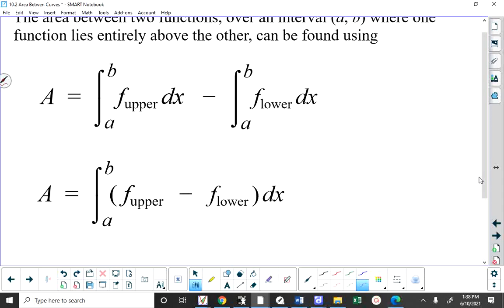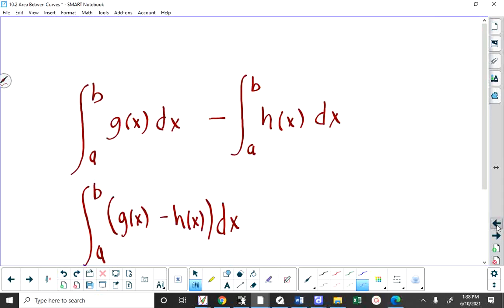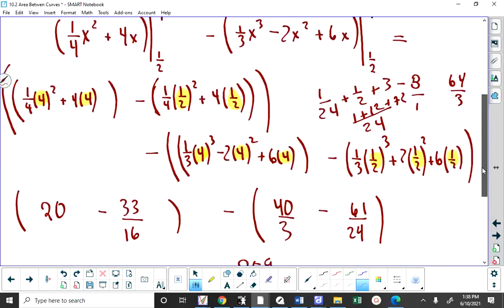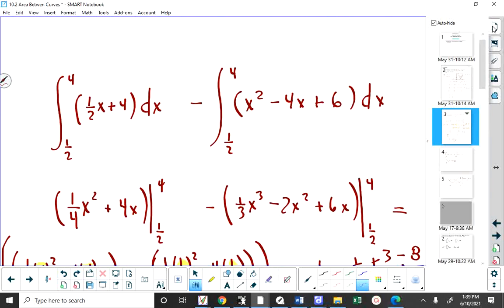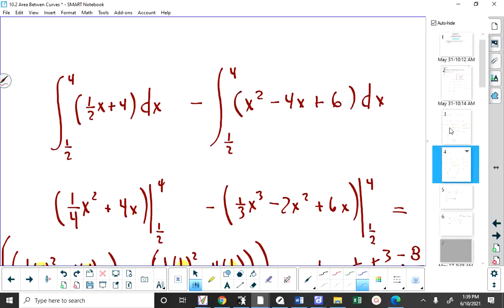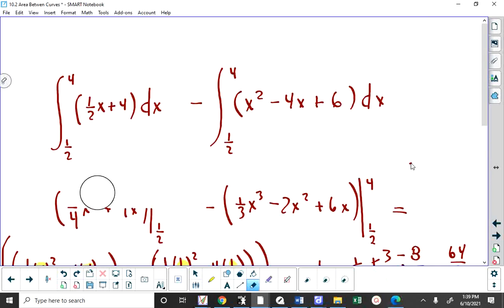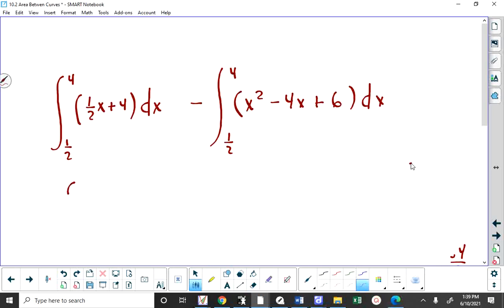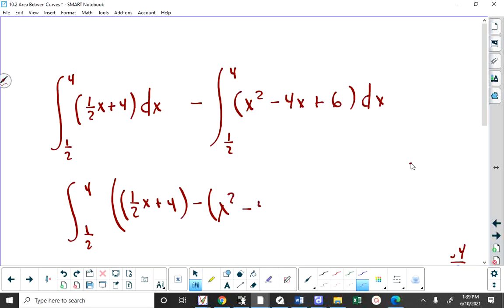Rather than everything that we did here, which is a boatload of work and a real pain, we can do one integral from 1/2 to 4 of 1/2 x plus 4 minus x squared minus 4x plus 6.